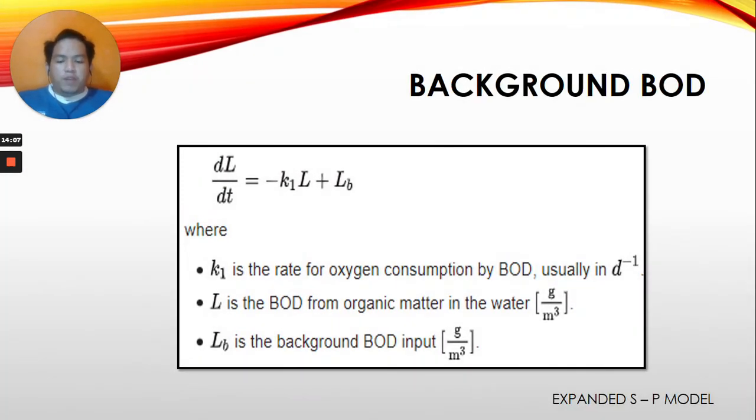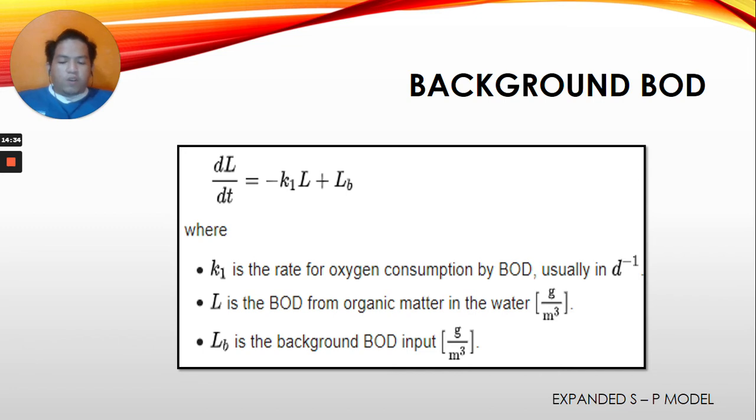For background BOD, this is the formula: dL over dt is equal to negative K1 L plus LB. Background BOD, or benthic oxygen demand, is the diffuse source of BOD represented by the decay of organic matter that has already settled on the bottom.